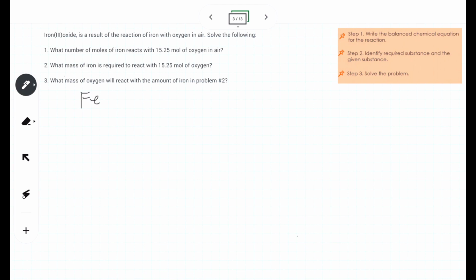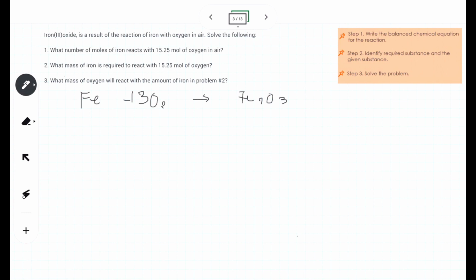We have iron reacts with oxygen, which is diatomic, forming O2. Iron oxide is Fe2O3. So now we need to balance it. We have 2 oxygen on the left and 3 oxygen on the right. Let's place a coefficient of 3 in front of O2.